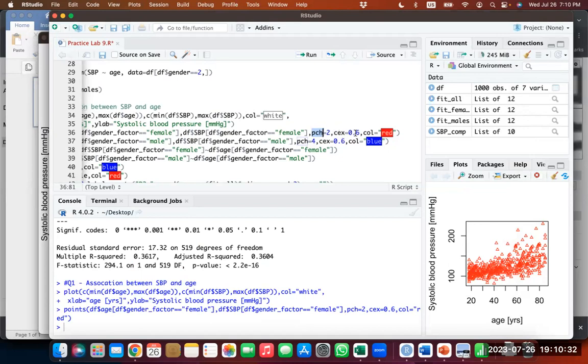CEX is giving you a changed dimension in reference to 1, and 1 would be the default. So CEX equals 0.6 basically makes it smaller. If you do CEX 2, then you have a huge point. So you can change the size of the point. With COL, red, that's the color. PCH is the shape of the point.